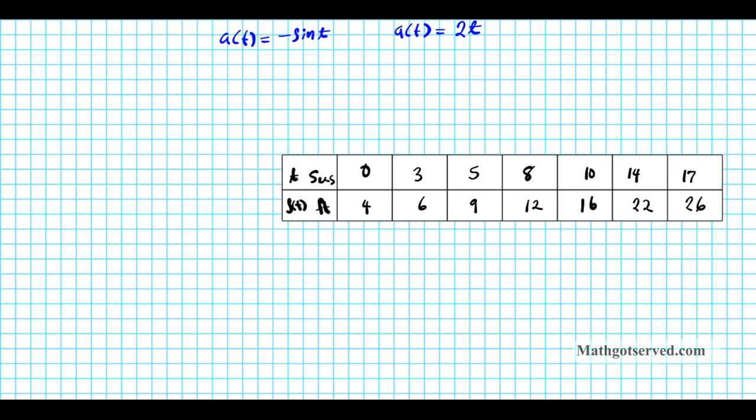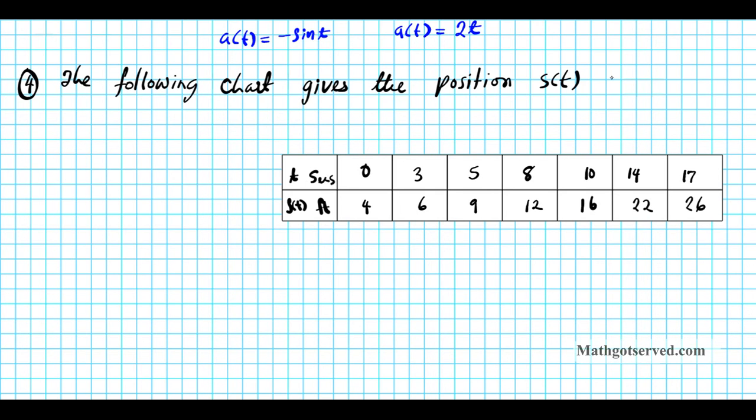Alright, let's take a look at question number 4. So for problem 4, instructions are as follows. The following chart, this chart provided down here, gives the position s of t of a moving body, in seconds.